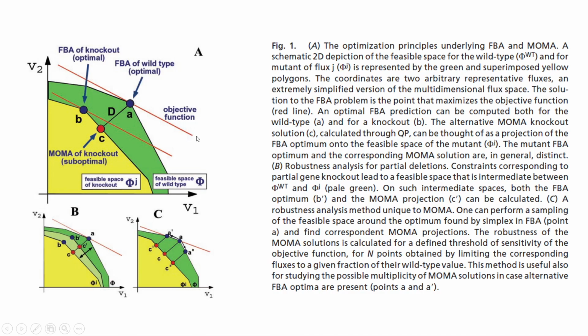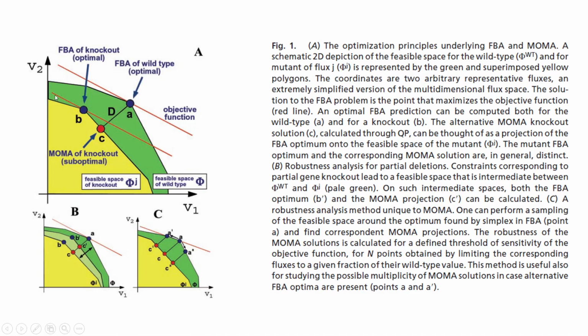The objective function that is satisfying the wild type network and giving an optimal solution is this line, and these boundaries that you see are all your constraints. Your objective function crosses your constraint at this point, so this is your optimal solution. This is the FBA of the wild type, which is the optimal.